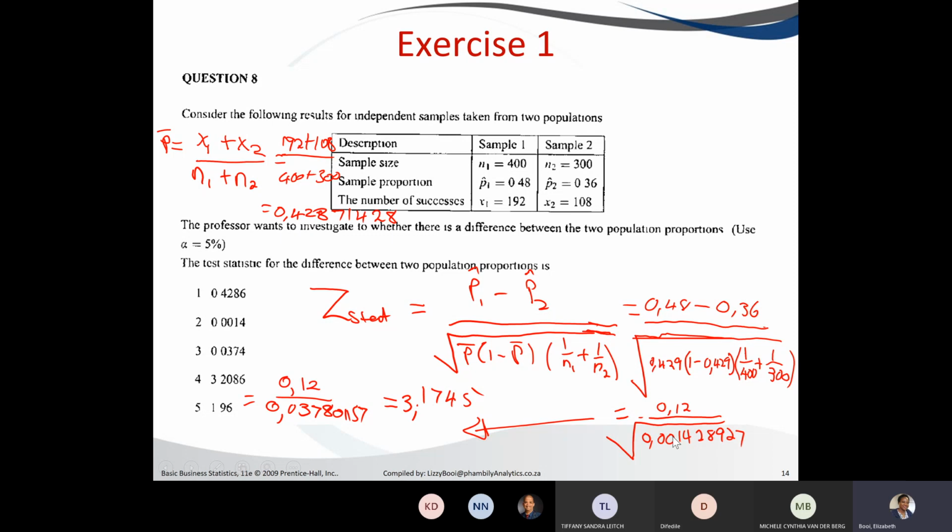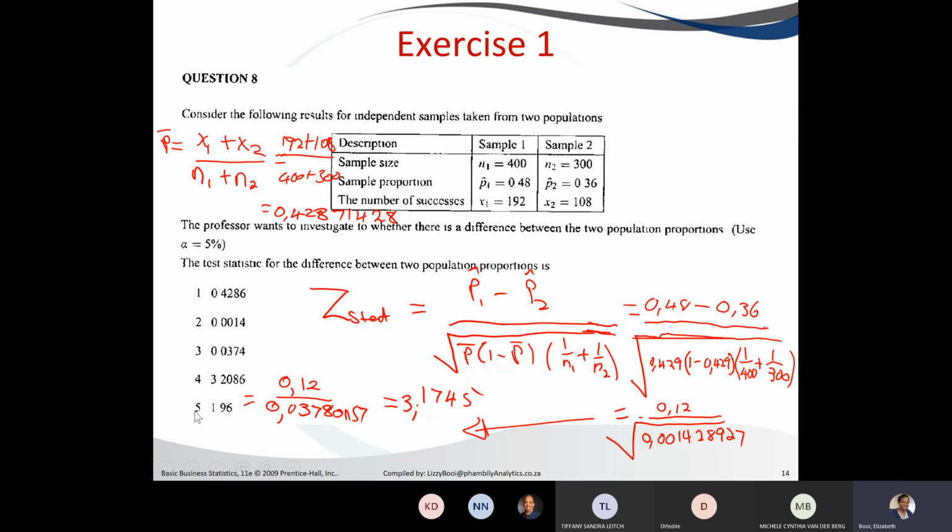So if you don't pay attention to what you are doing, you will select the wrong one. The other lady said her answer was 0.037, which is this one, which is not correct, because she didn't divide 0.12 by the value underneath. So she would have chosen option number 3.